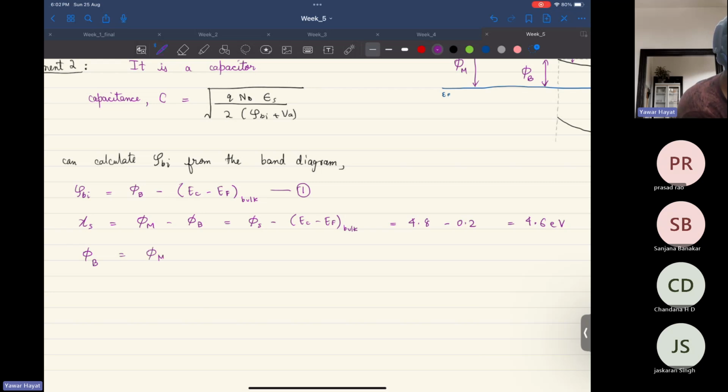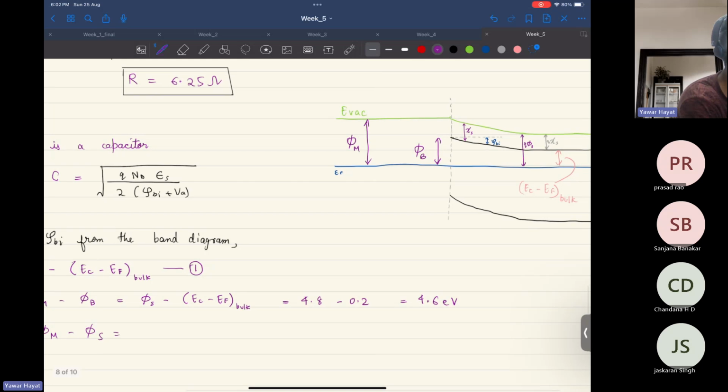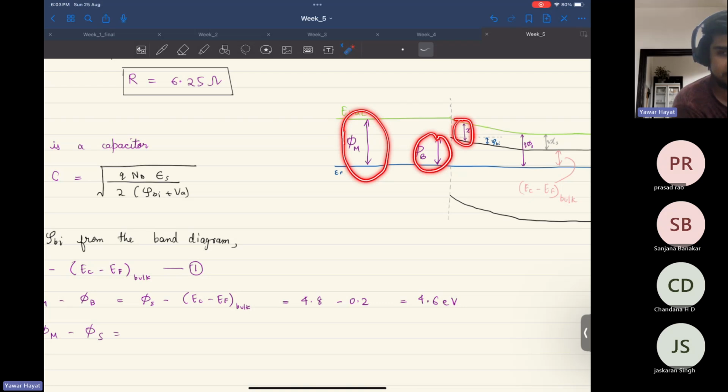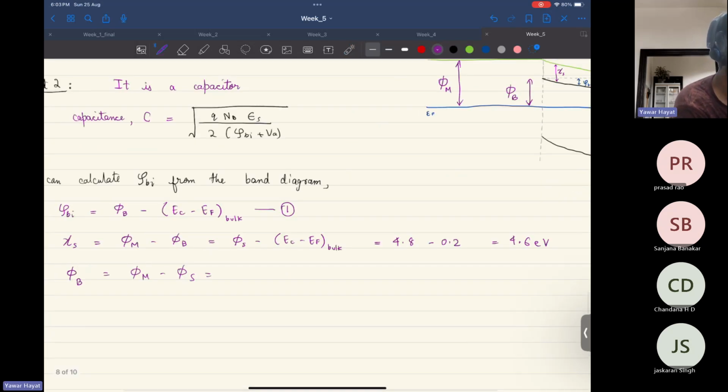Can I write that as phi m minus chi s, right? Pretty straightforward. We already did that in the previous question, right? This phi b is nothing but phi m minus chi s. So this is equal to 0.4 electron volt.